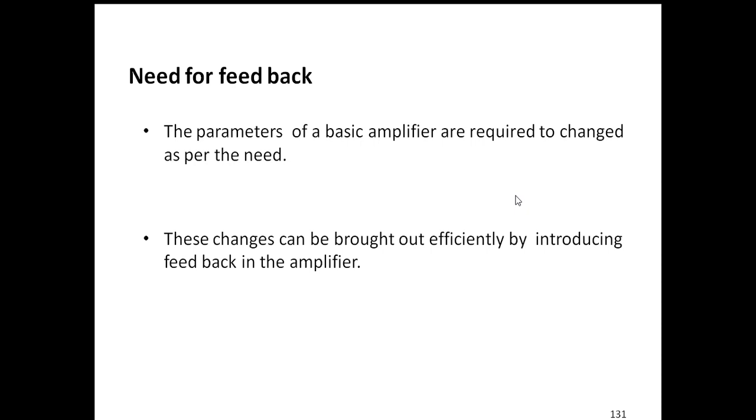If the voltage gain is low, we need to increase it. If the current gain is low, we need to increase it. If the input impedance is low, we need to increase it. If the output impedance is low, we need to increase it, or all these parameters may need to be decreased depending on the specific application.